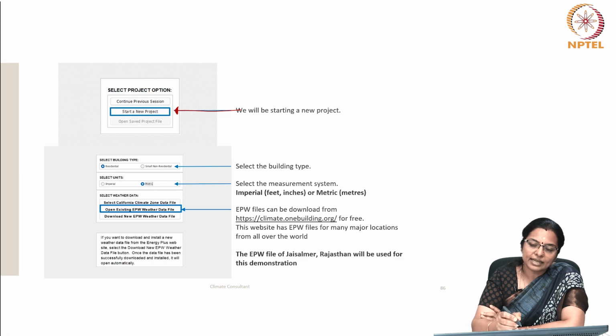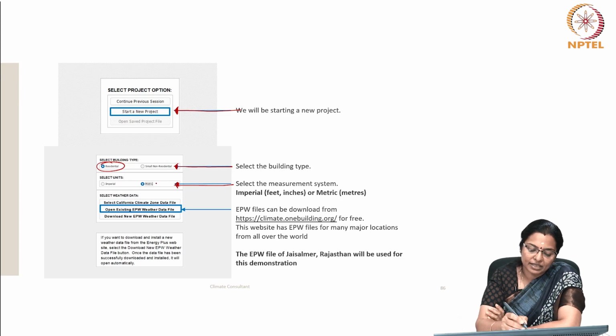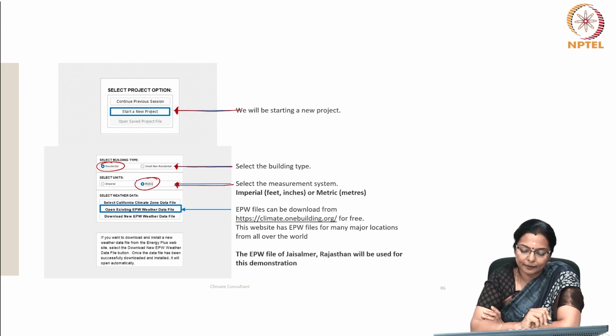Then you select the typology of building, either residential or small non-residential. I have selected residential here for the purpose of demonstration. You can select the measurement system, imperial, which means feet and inches, or metric in meters. I have selected metric.